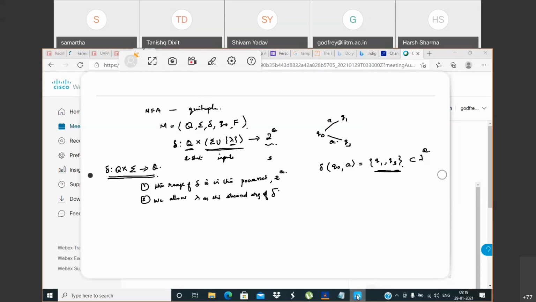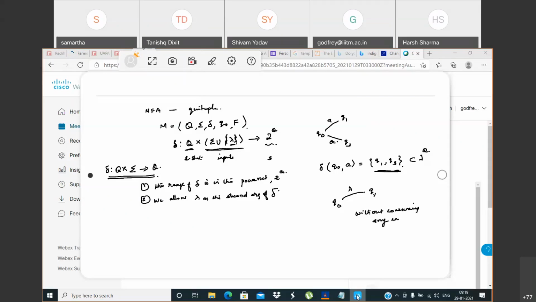Now, with respect to a non-deterministic finite state automata, we have included lambda. It means that a string of length 0 is also one of the inputs in the non-deterministic finite state automata. So if there is a lambda transition defined from a state Q0, you may reach Q1 without consuming any input.